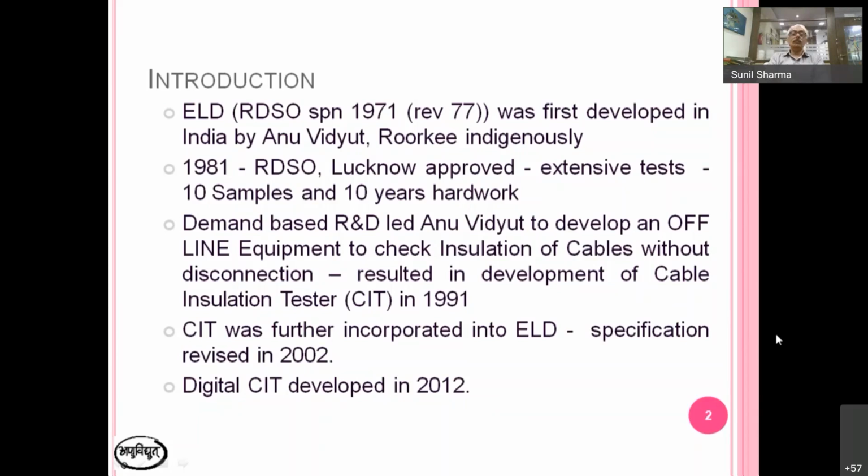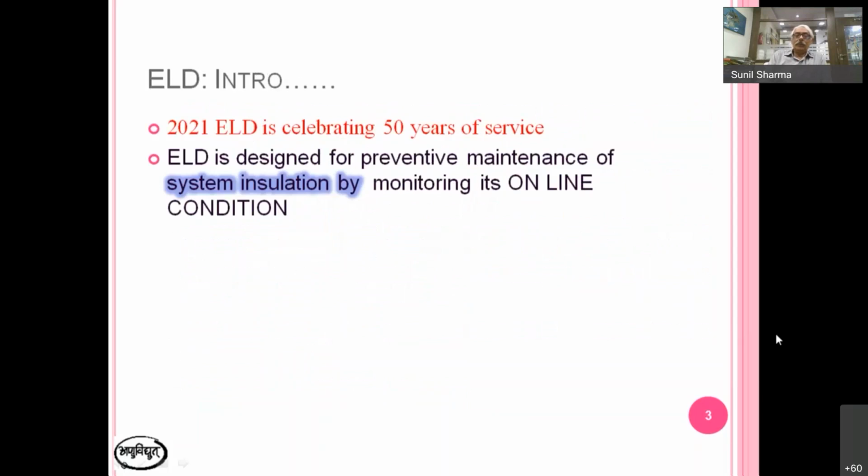Further, CIT was incorporated in ELD in 2002. We have also developed a digital CIT. What is this CIT and what is this ELD? I will explain. But this instrument is not new. It is very old. RDSO developed this specification about 50 years back. In 2003, ELD is celebrating 50 years of service.